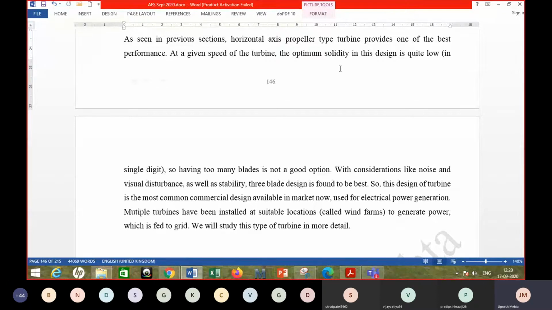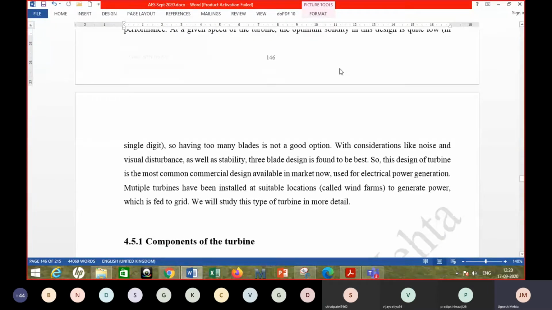Generally for the propeller type of design, the solidity should be quite low for the best performance of the turbine, right? So that's why the 3-bladed design has been adopted.